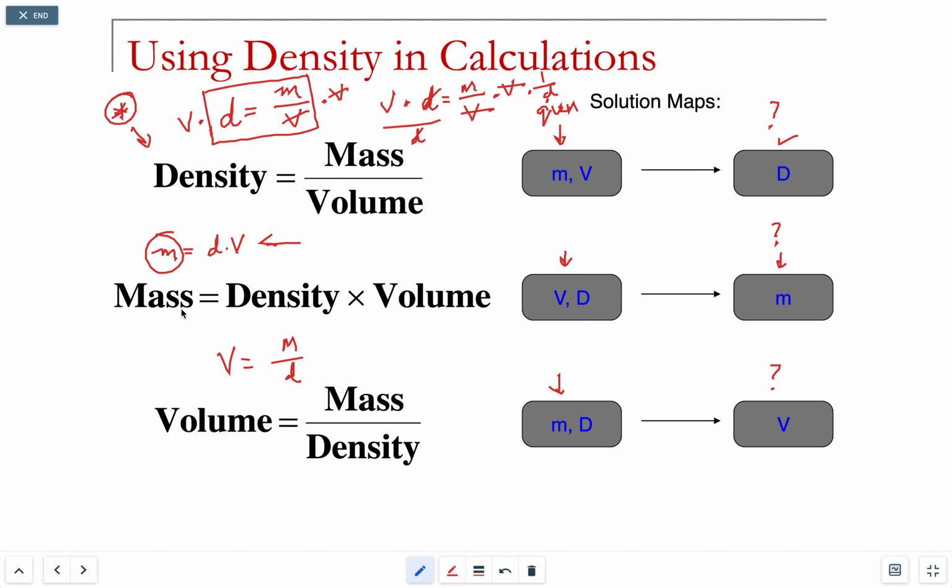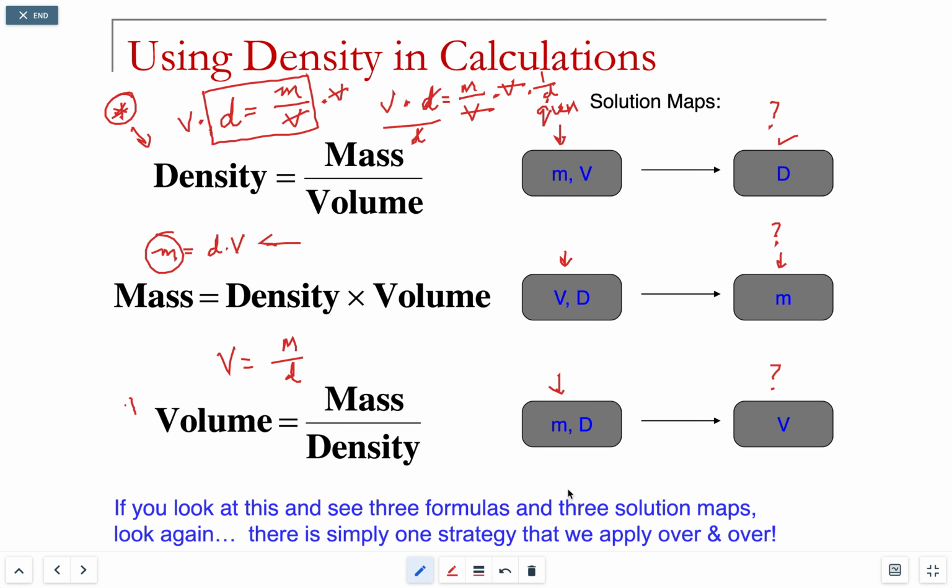So this is how I recommend that you do all of your problem solving in chemistry. When you have an equation that's given to you as a definition, you have three relationships between density, mass, and volume. You've got your definition, and then you can solve for mass or volume by doing the algebra as needed.